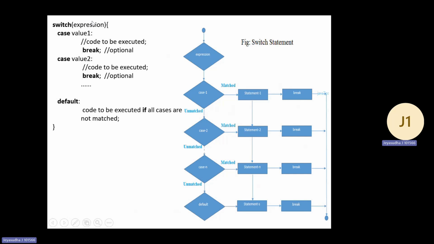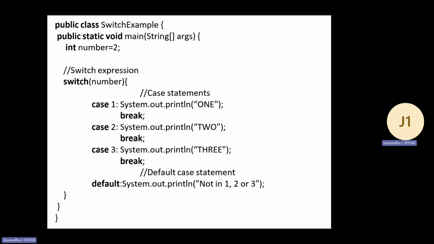It should be a constant or a literal. If the value belongs to this, it will execute this. Then you will break and come out. If it is this value, it will execute this and come out. If none of these work and I have a different value, it will move on to the default and it works. So this is the one.